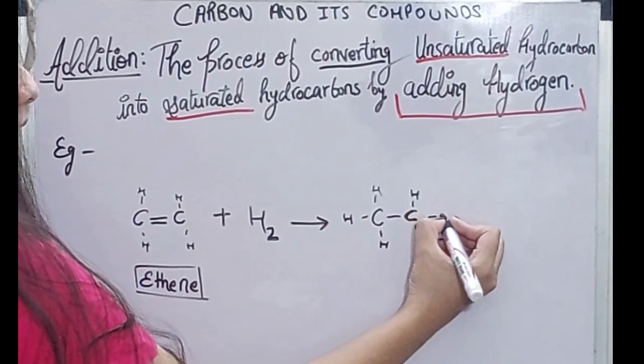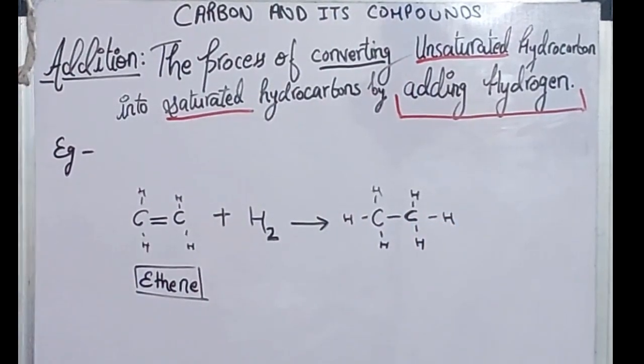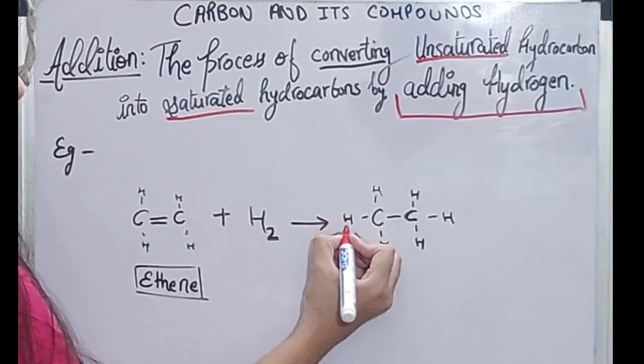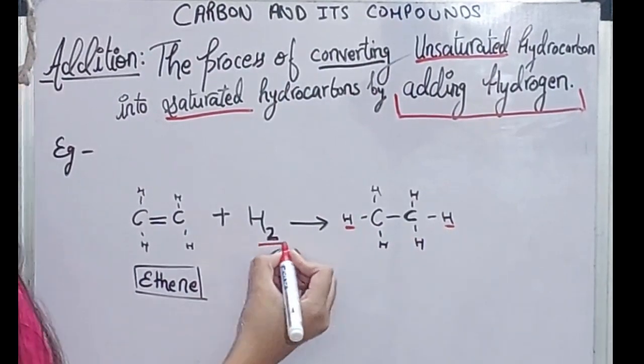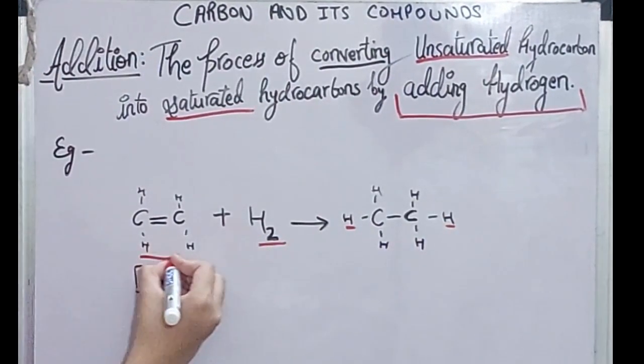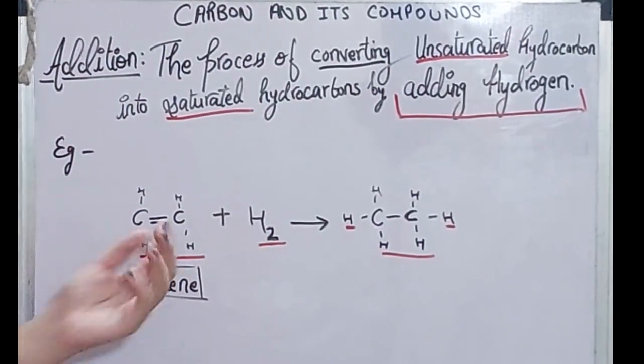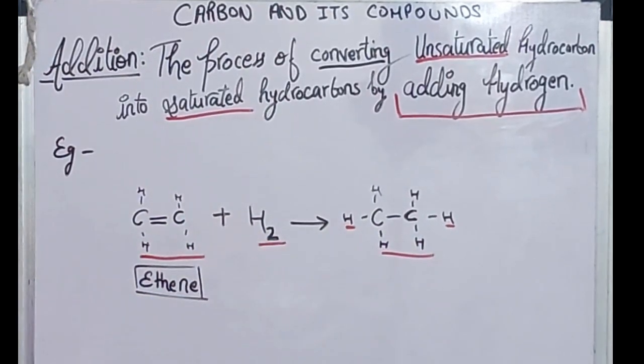ये दोनों हाइड्रोजन कहाँ से आए? From this hydrogen. और इस इथीन से आया this rest. मैंने क्या किया? I just removed the double bond and put a single bond. जहाँ पे डबल कोवलेंट बॉन्ड बन रहा था, I just made it a single covalent bond and by that hydrogen ऐड होके अब ये क्या बन गया?